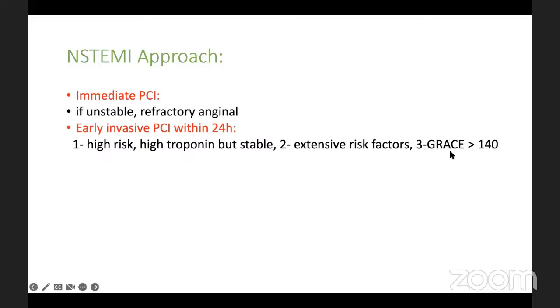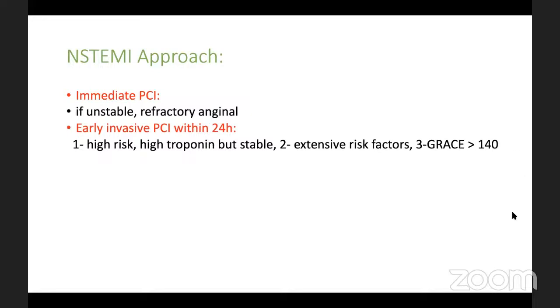One of them is the GRACE score, and if it's more than 140, it will put this patient into this category, and you would advocate to send this patient for PCI within 24 hours. Basically, the GRACE score looks at the patient's age, the comorbidities, whether he has diabetes or not, renal failure, hypertension, stuff like that. And the more risk factors, the higher the score will be.